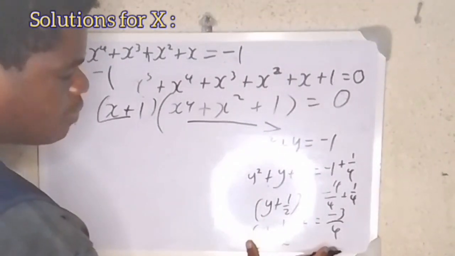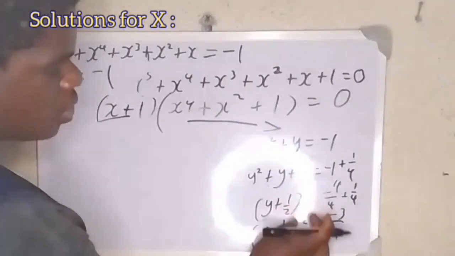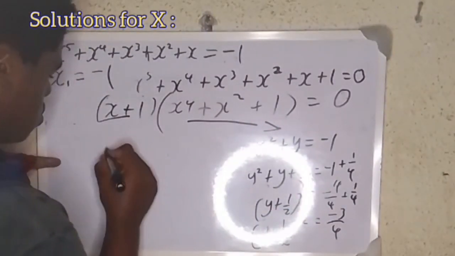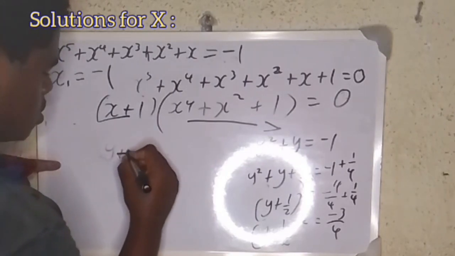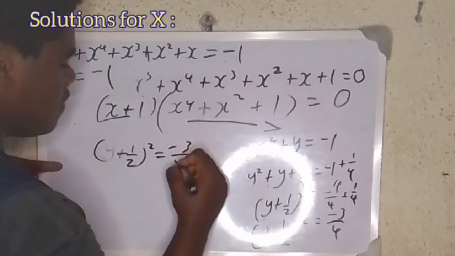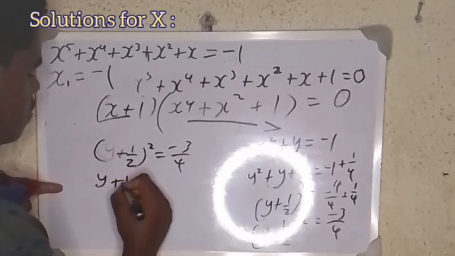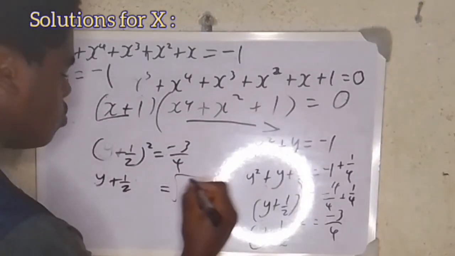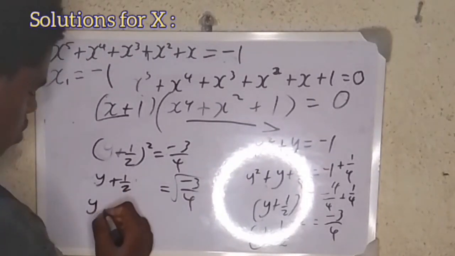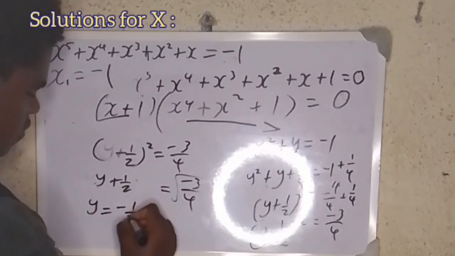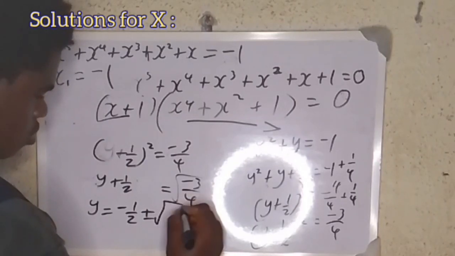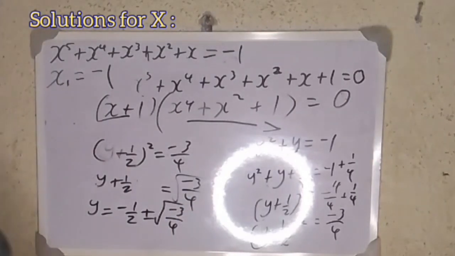We now know that (y + 1/2)² is equal to -3/4. That means y + 1/2 is equal to the square root of -3/4. That means y is equal to -1/2 plus or minus the square root of -3/4.